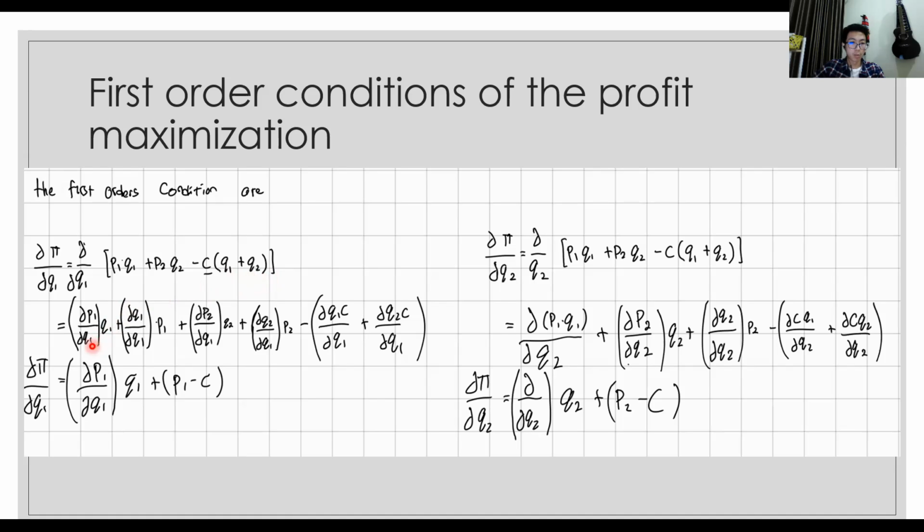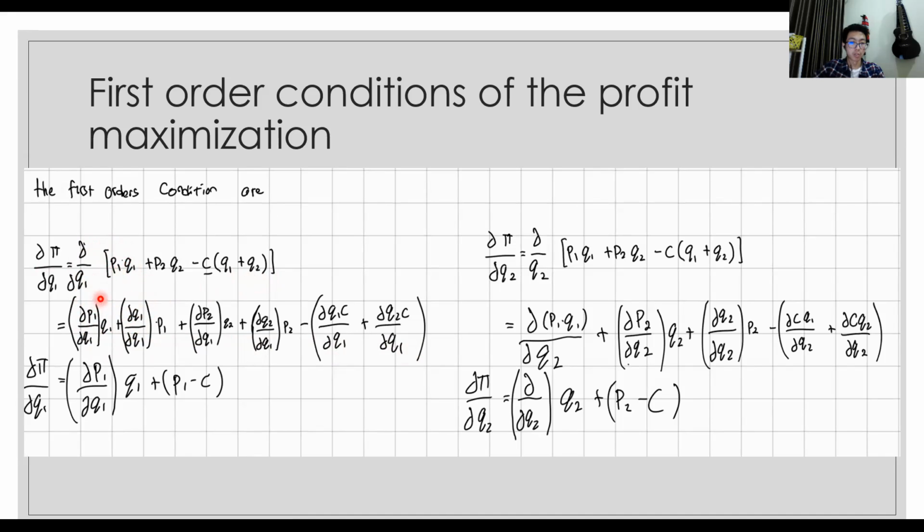Now what's happening is that the partial derivative with respect to Q1 is applied to P1 times Q1. So we get the partial of P1 over the partial of Q1 times Q1, plus the partial of Q1 over the partial of Q1 times P1.